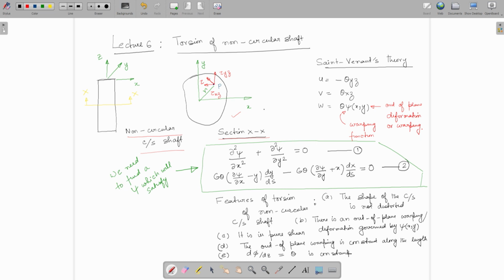So, these are the basic features of torsion of non-circular cross section shaft.